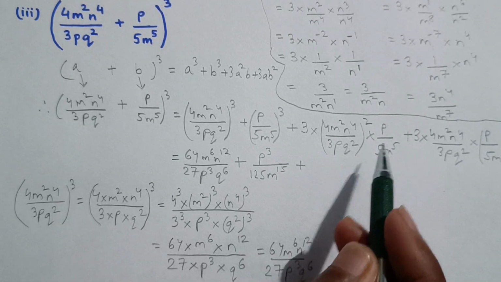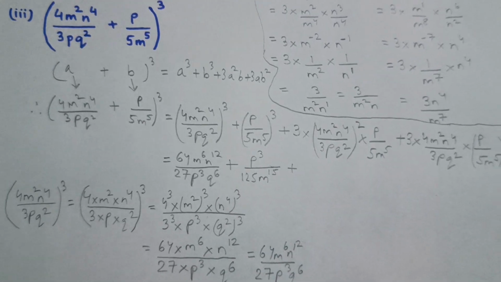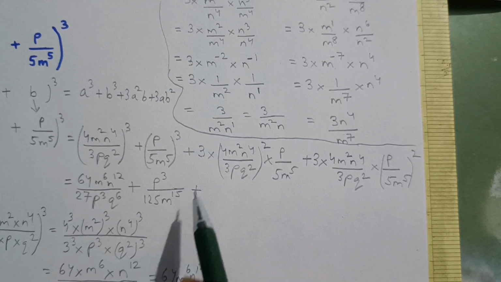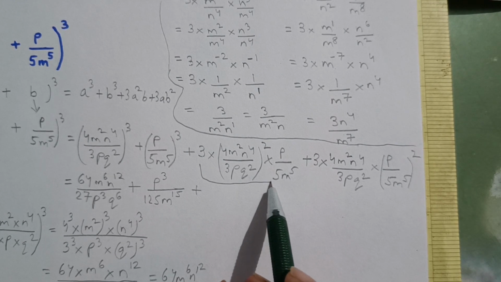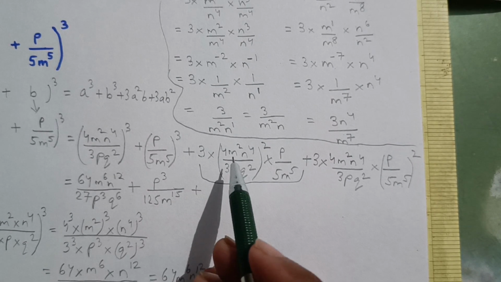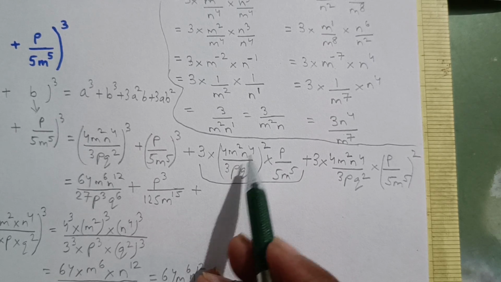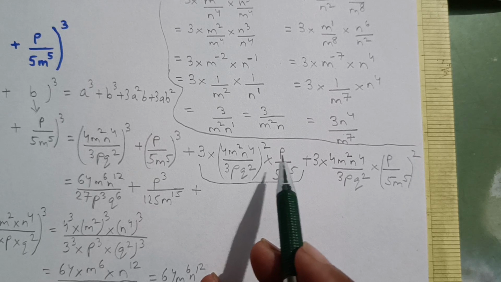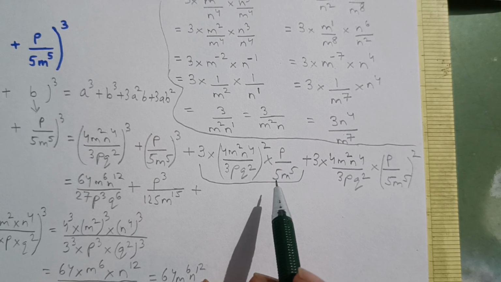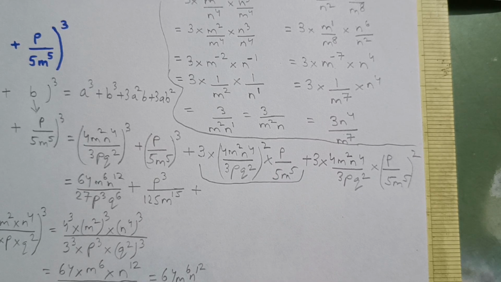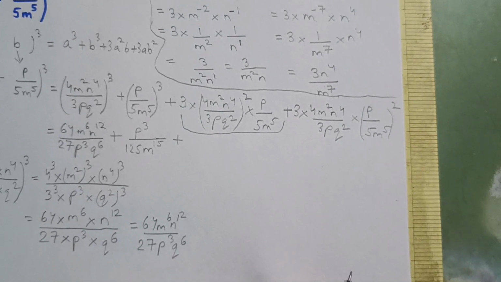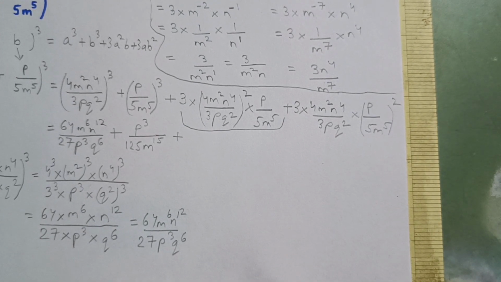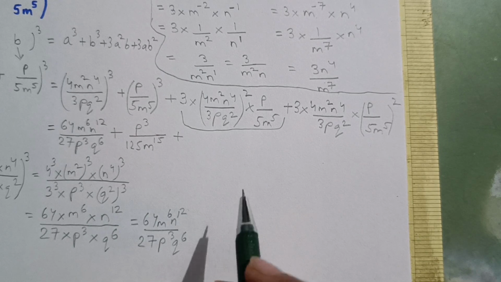Plus. Now this expression we have to solve. 3 into 4 m square n to the power 4 upon 3 p q square whole square into p upon 5 m to the power 5. There is a little bit of space over here, in that space we have to do it.